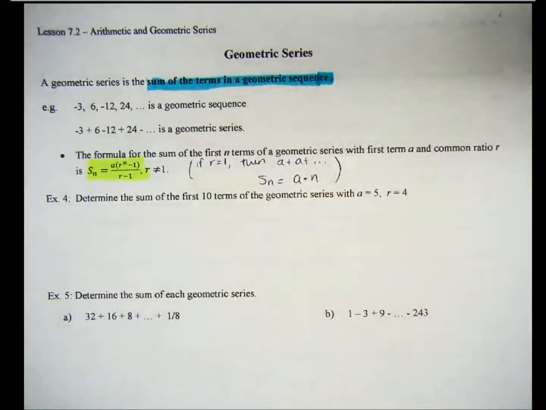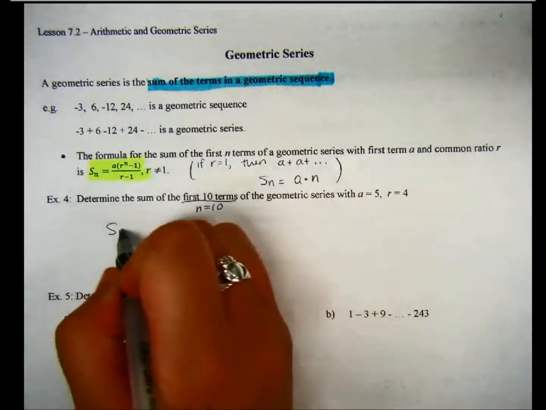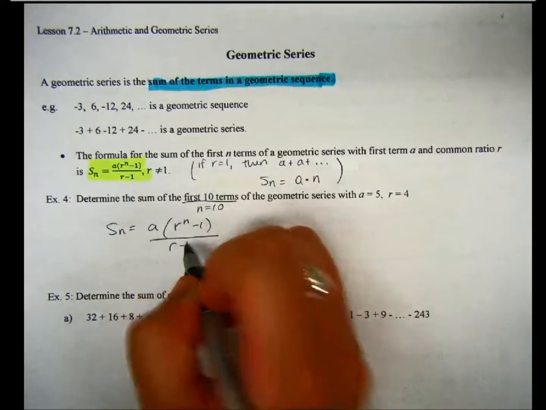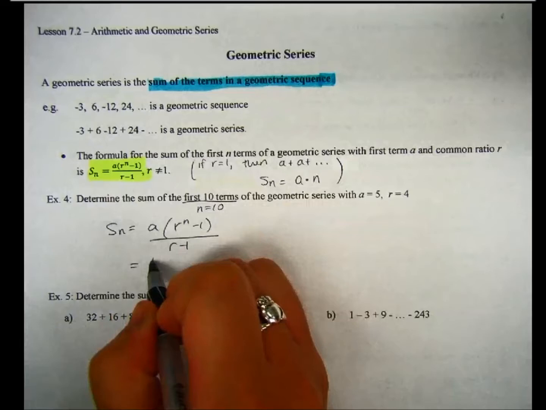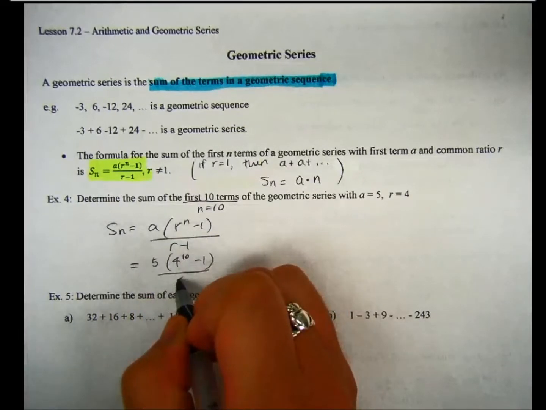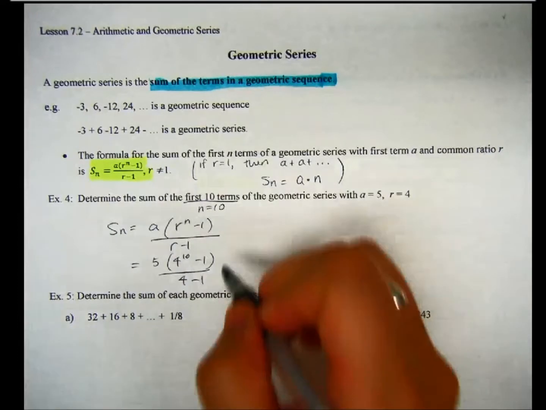Next example. Determine the sum of the first 10 terms of the geometric series with a equals 5 and r equals 4. Substitute everything you know into your formula, and simplify.